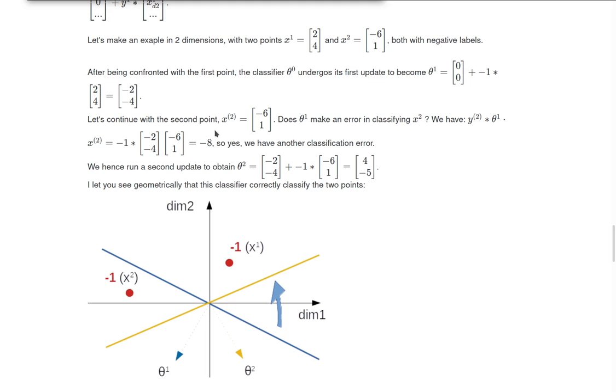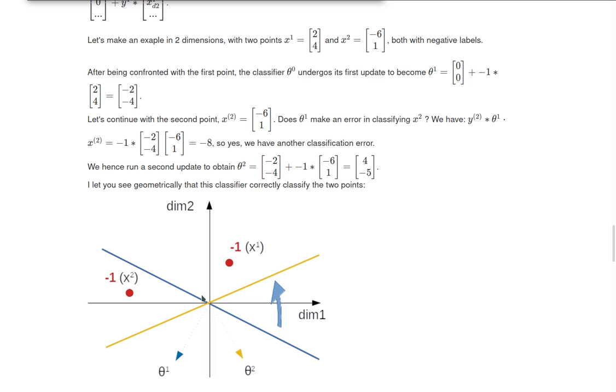Our classifier starts with all 0, and we'll make an error on x1, and the first update will be the old theta plus -1, the label of x1, multiplied by 2 and 4, so the new theta will be -2 and -4.